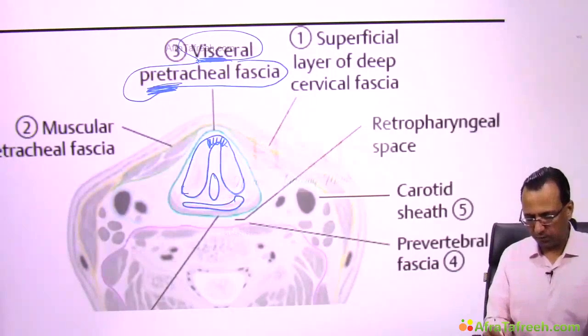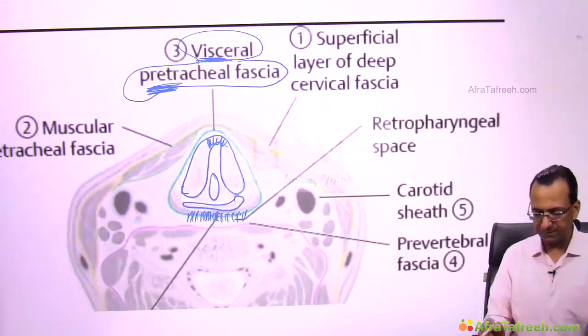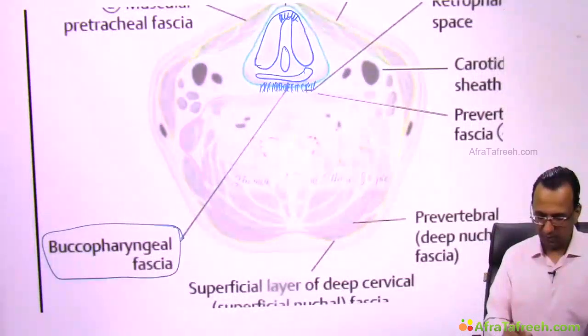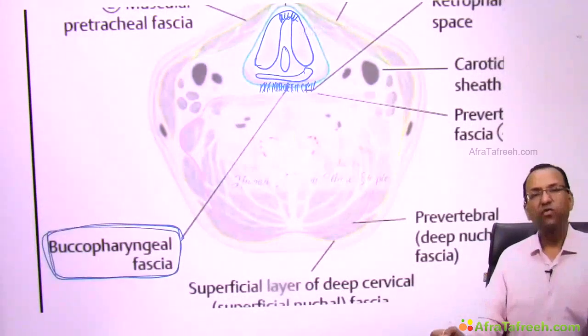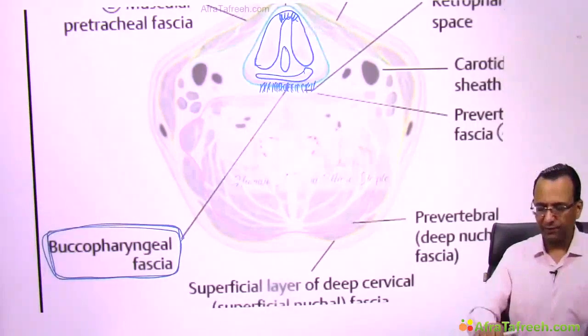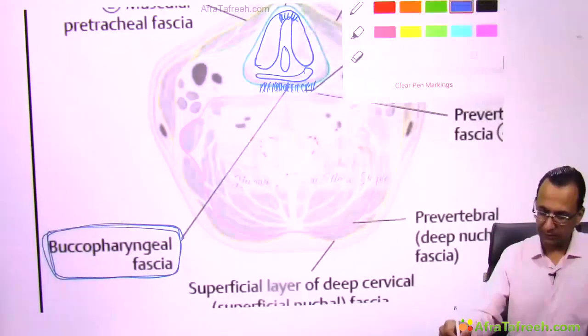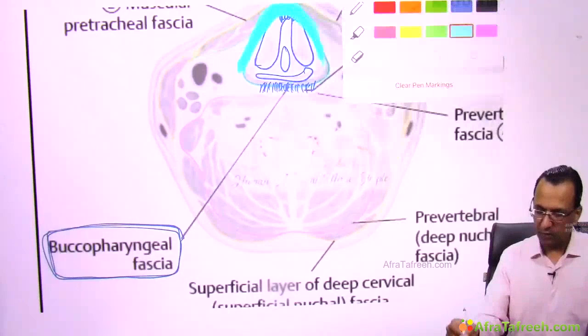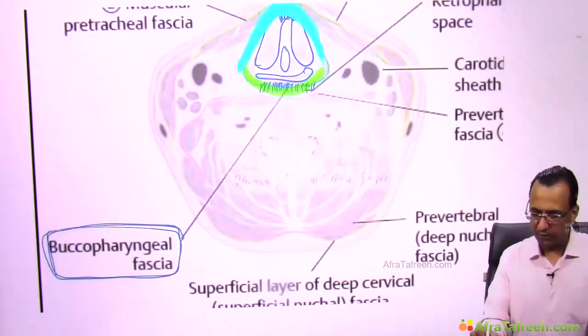So there, what will you call it? Behind the esophagus and pharynx, I will call it buccopharyngeal fascia. So there will be buccopharyngeal fascia behind the pharynx and esophagus. Yes. The pretracheal fascia is anterolateral to the trachea, but when it goes behind, then it will become buccopharyngeal fascia.